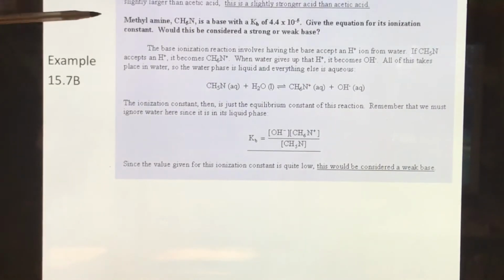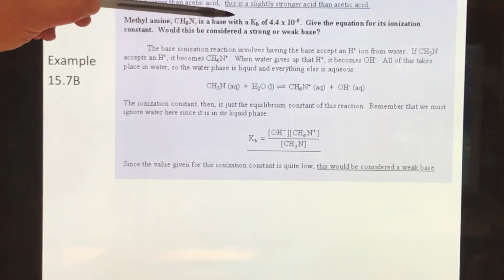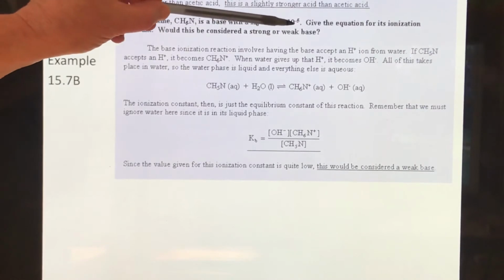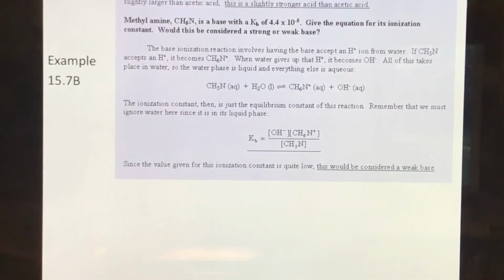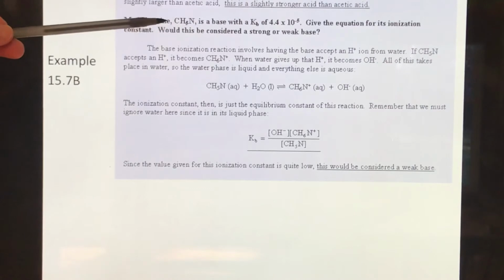All right, let's look at the second half of this problem. This says methylamine, which is CH5N, is a base with the K of the base of 4.4 times 10 to the minus fifth. Give the equation for its ionization constant. Would this be considered a strong or weak base? So first we have to come up with the equation.